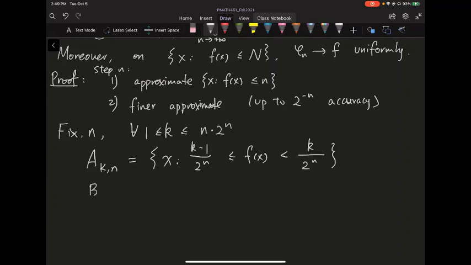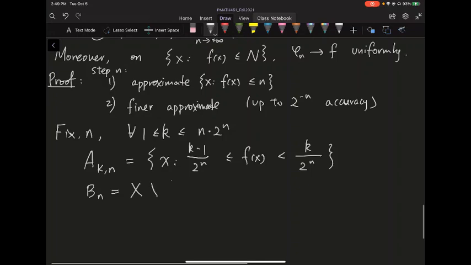So let's also define whatever is left over. Let's call it B_n. B_n is x take away all the A_k^n, where k goes from 1 to n times 2 to the n. That's essentially all the x where f of x is really large, greater than or equal to n.